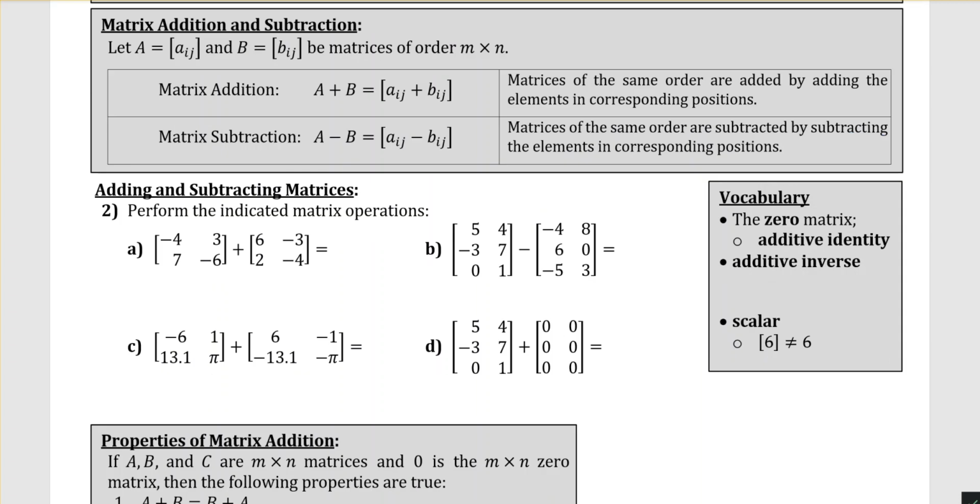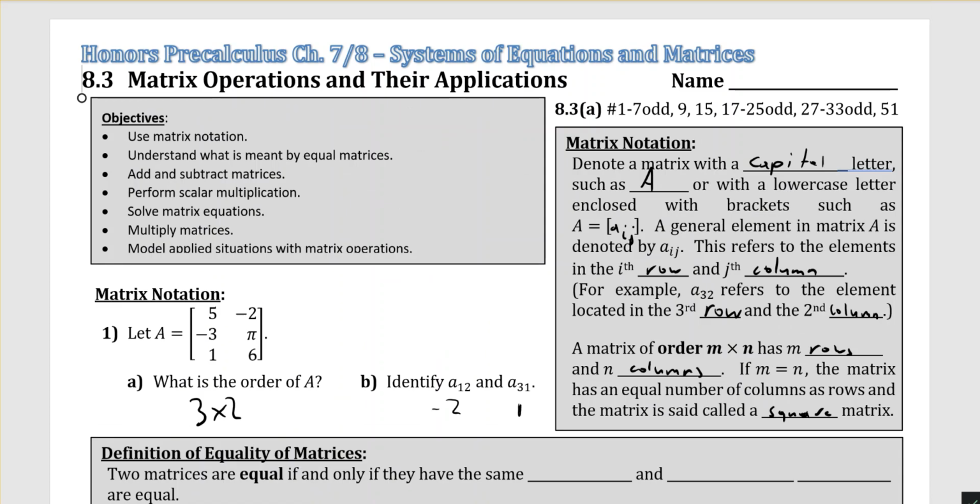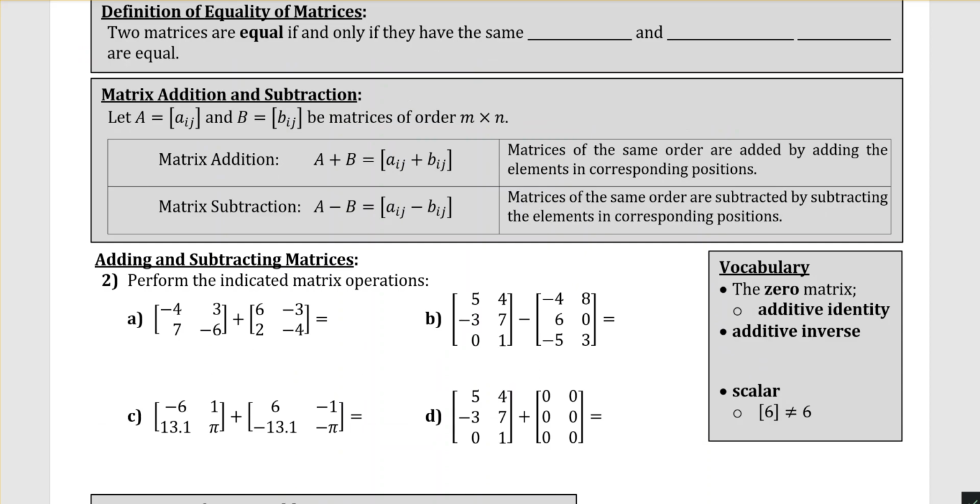All right, so two matrices are equal if and only if they have the same order, so the same dimensions, and every element is equal. So they're only equal if they are the same. Pretty standard. One other thing, matrices is the plural for matrix. So a single matrix is not a matrice, it's a matrix.